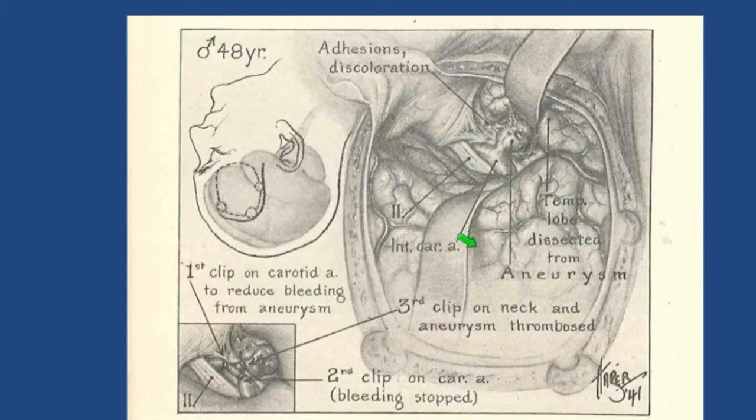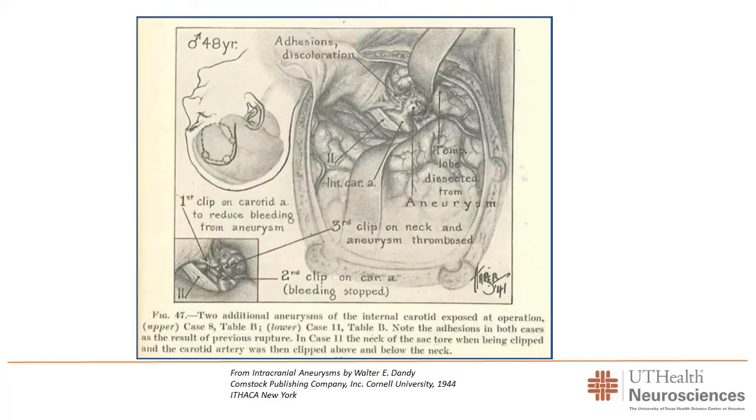We go through the bone, and expose the brain. The blood vessels and aneurysms are all on the surface or outside the brain. So we may have to retract it a little bit to see, but we don't go through normal brain tissue to repair it.